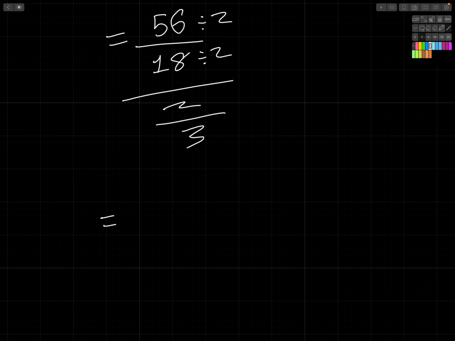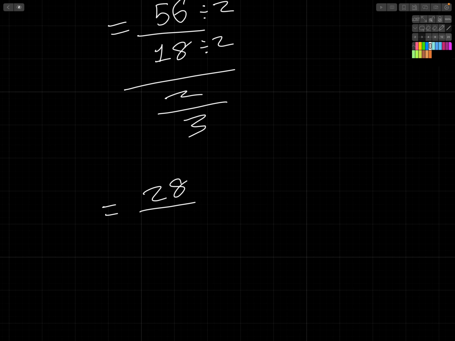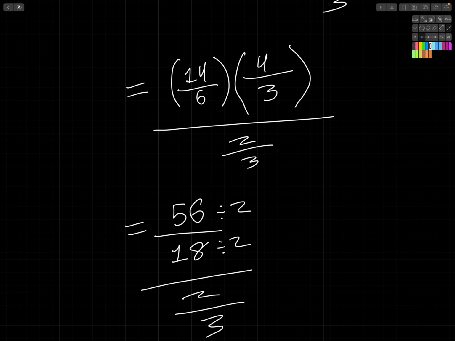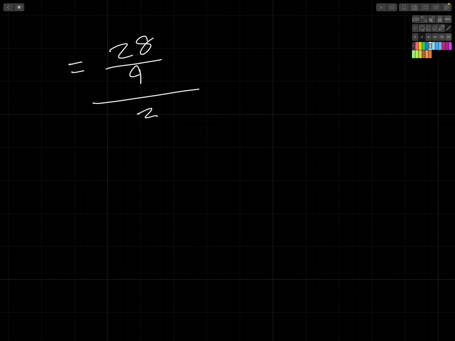So 56 divided by 2 is 28. Over 18 divided by 2, 9. And then over 2 over 3. Now, can we simplify this even further? No, we can't. Can we simplify this even further? No, we can't.